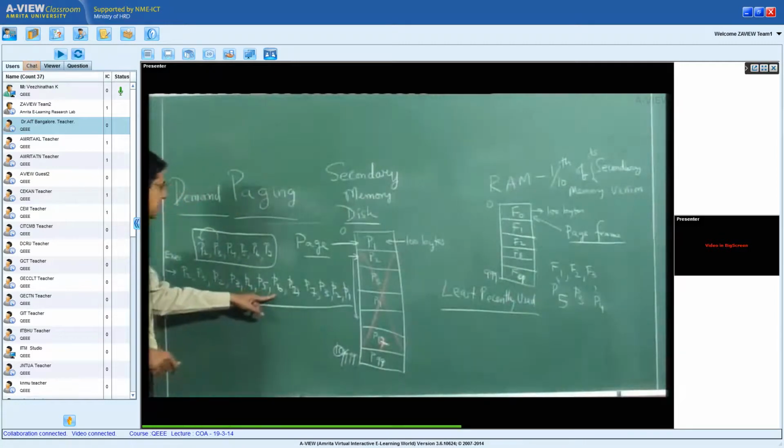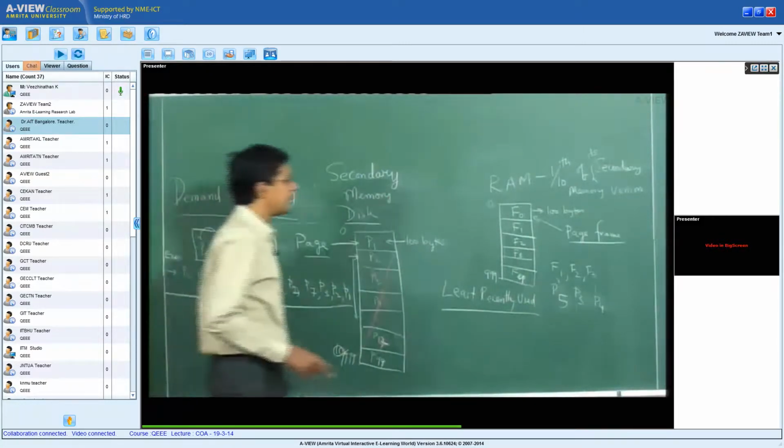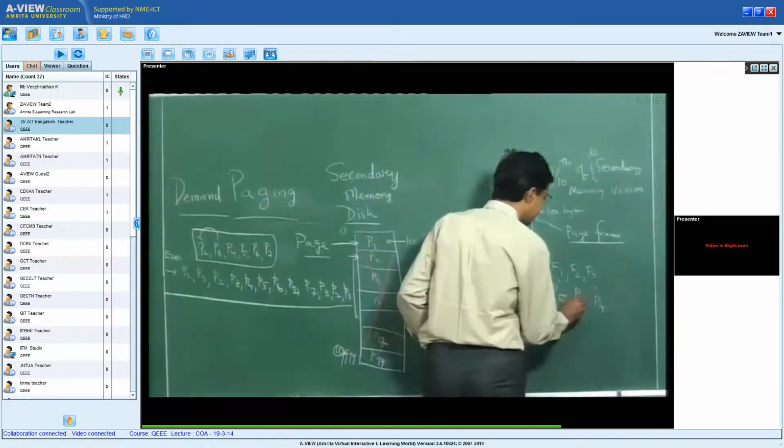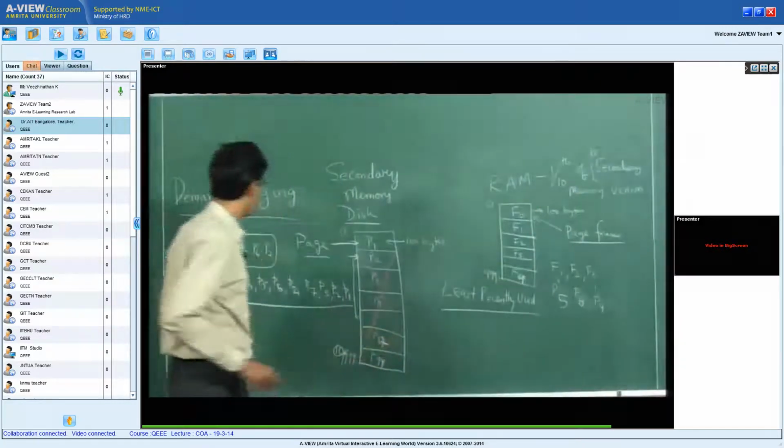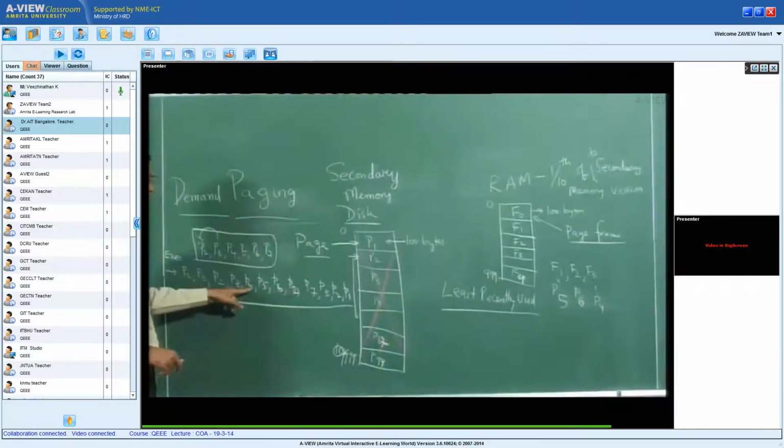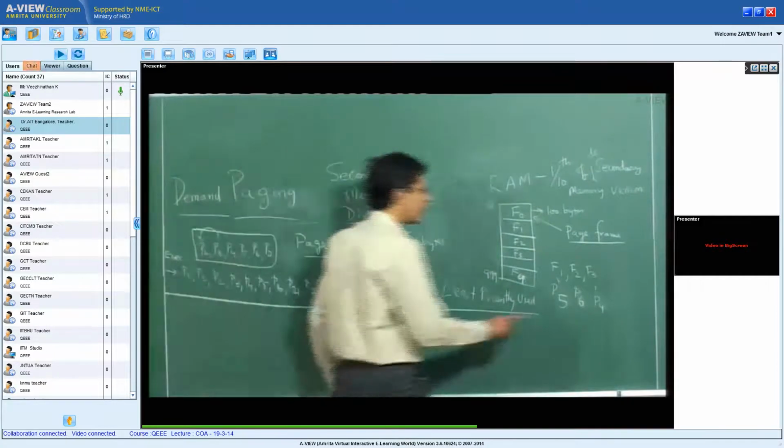Now P6 comes, P3 is replaced by P6 because it is least recently used. Now again P2 comes, P4 is replaced by P2.